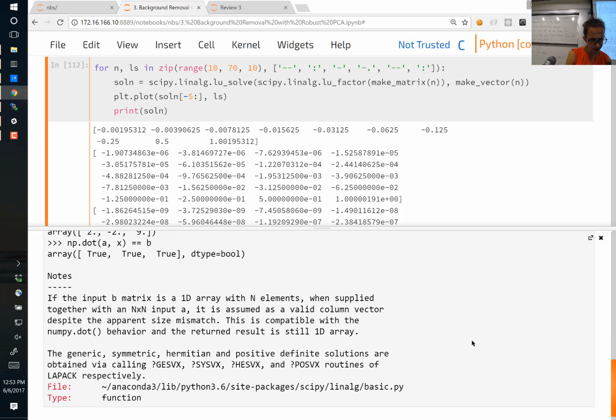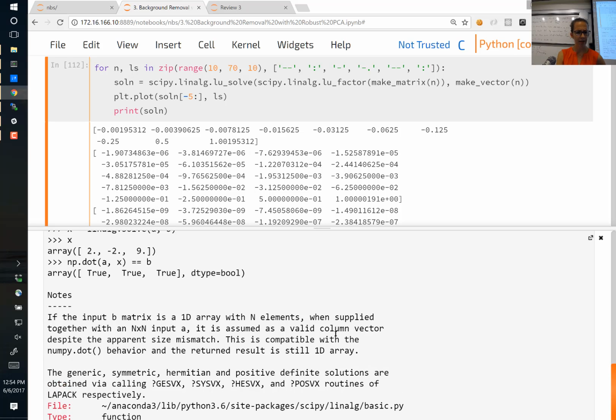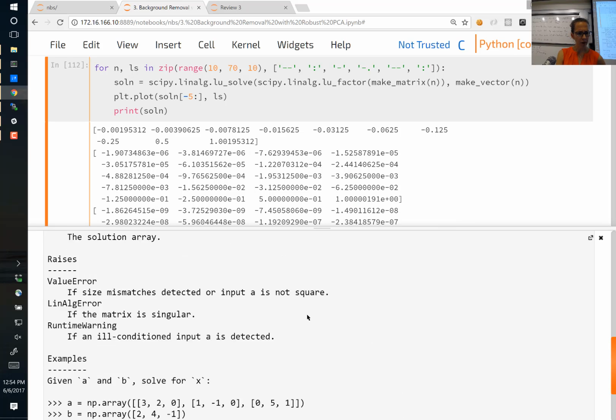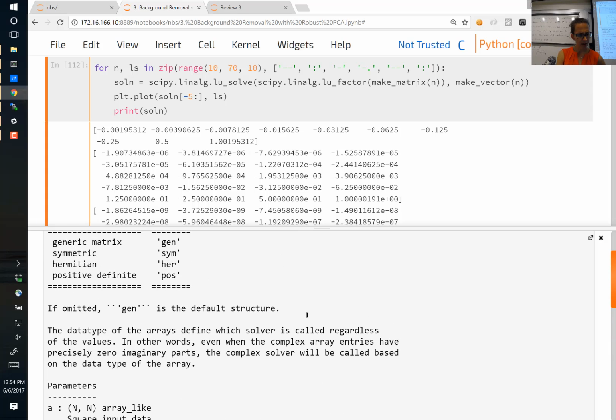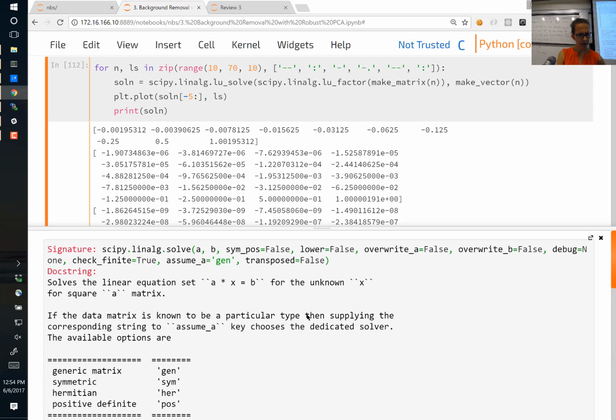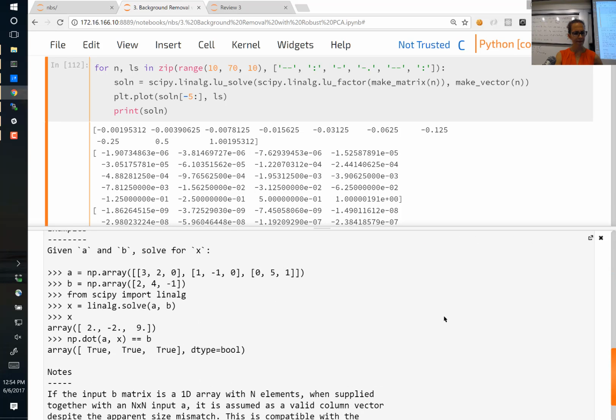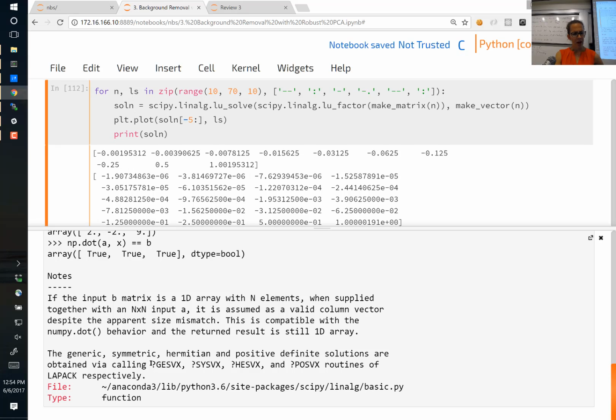This is a good question. I will answer this next time. I want to look into more what SciPy's linalg.solve is calling. You can see from the docs at the end, it says it's calling LAPACK, which Rachel mentioned earlier as a particular library.